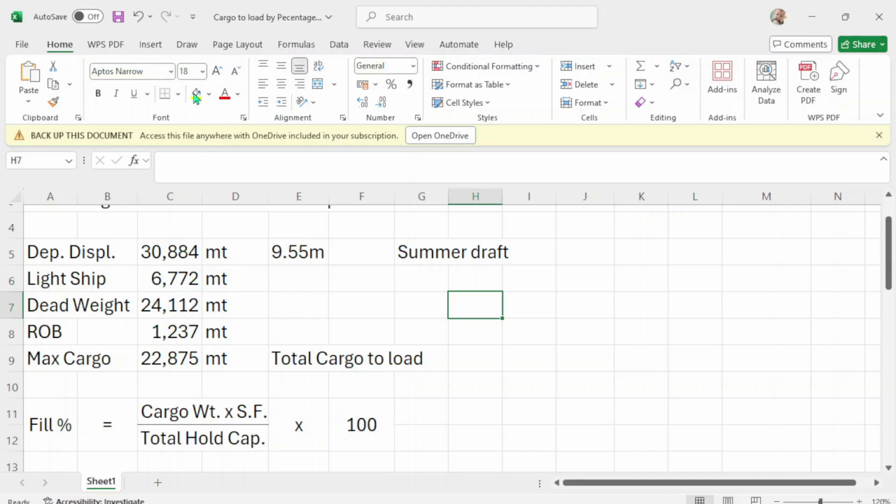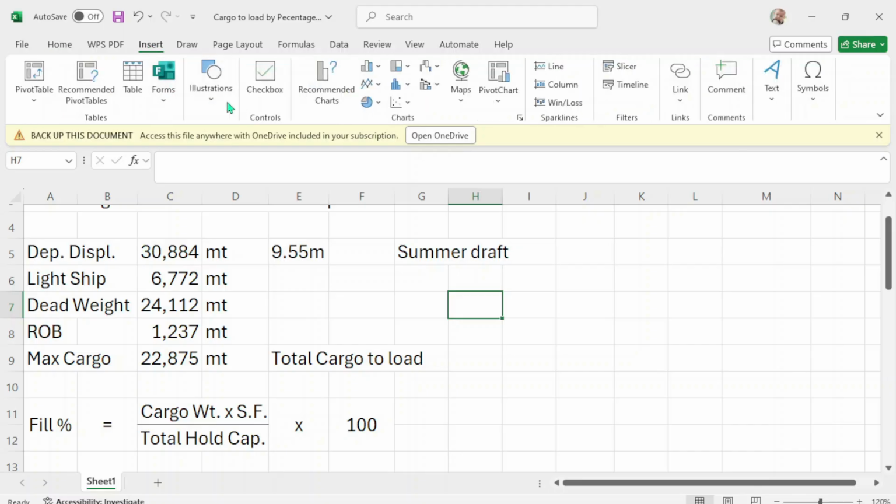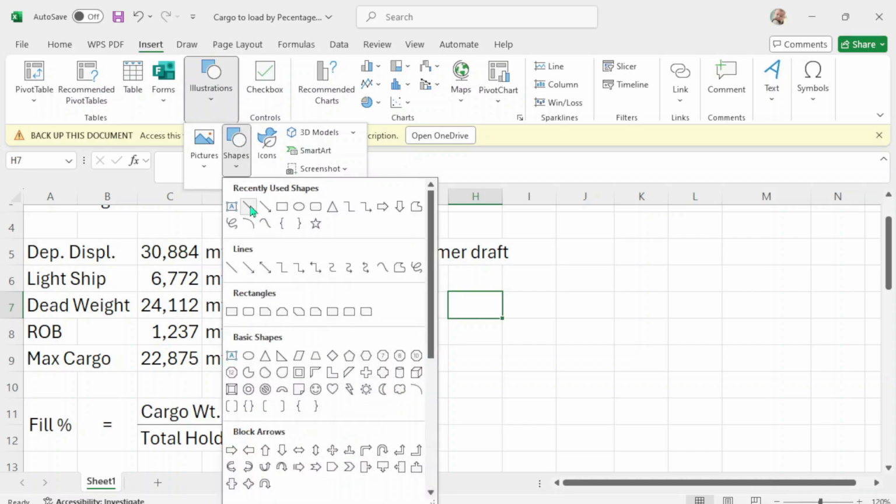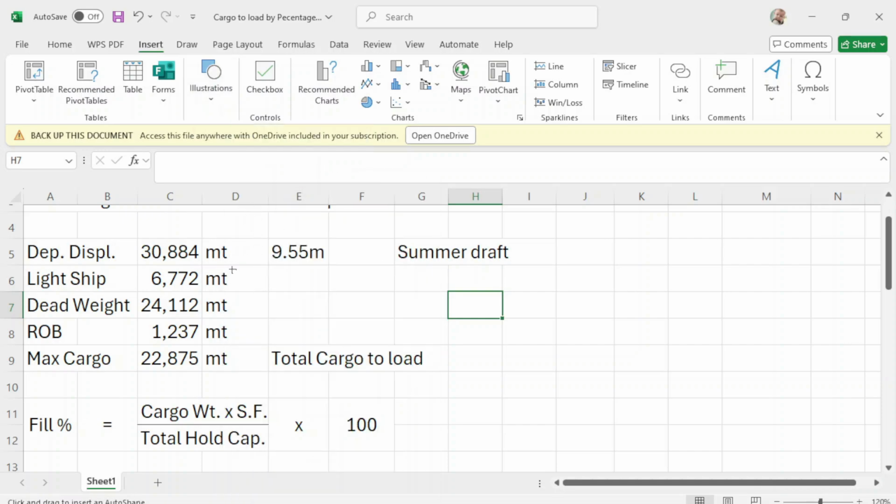I'm sorry for the inconvenience. Insert illustrations, shapes, and put it here. Okay, it's minus.